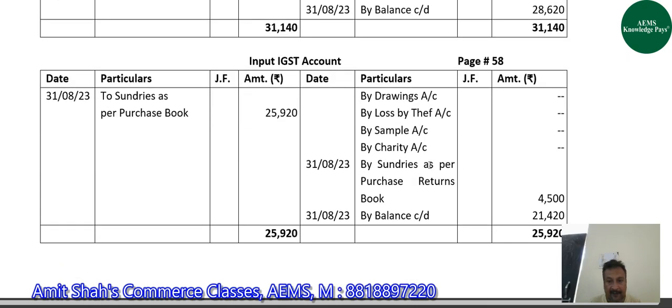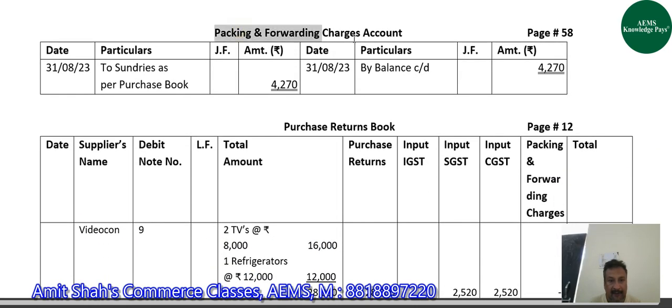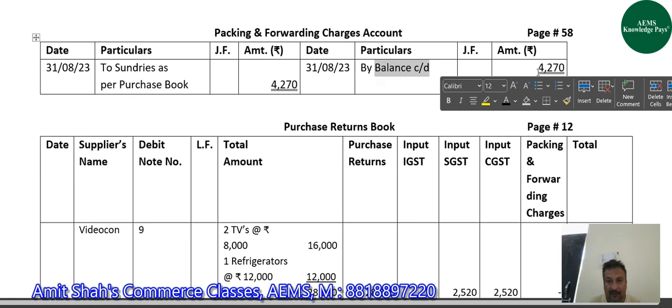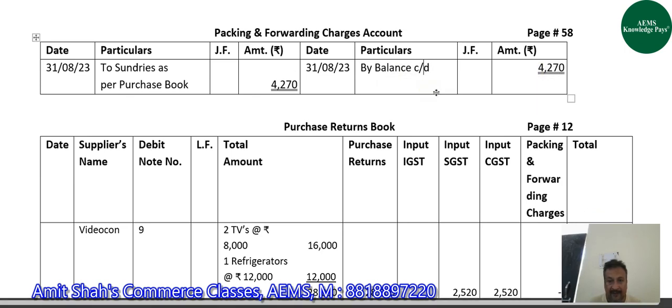Then guys we have packing and forwarding charges account which has a debit balance of 4,270.